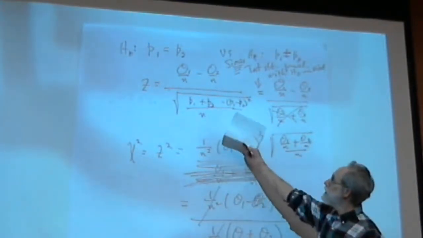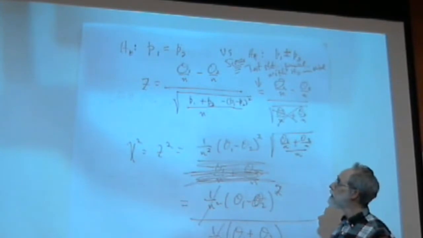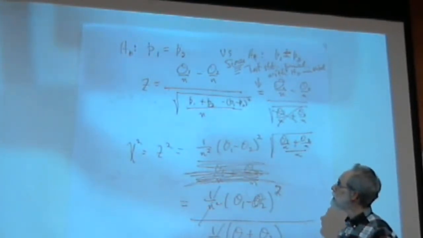And under H0, the p's are equal, so you could just get rid of that squared difference here, and it comes down to that.